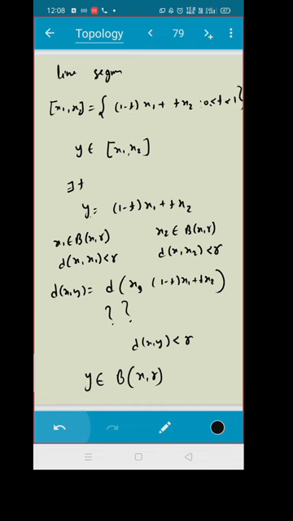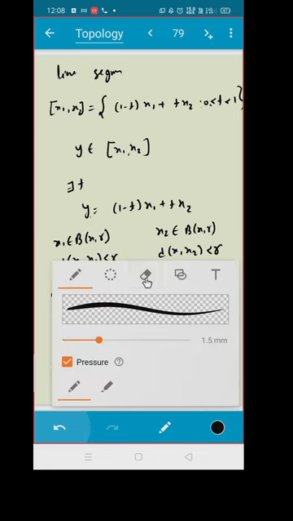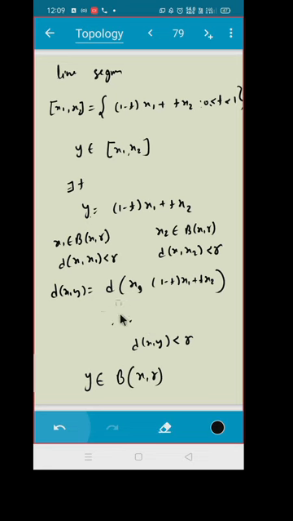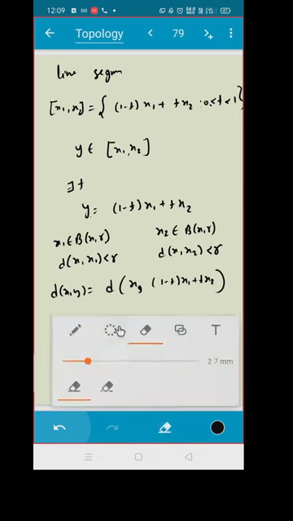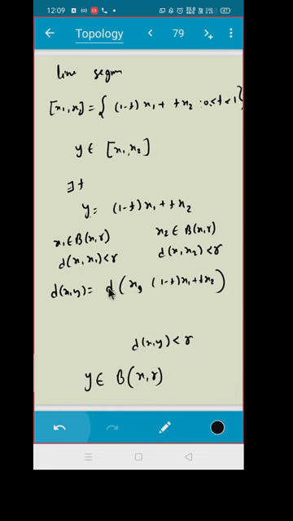So here we have 1 minus t and t, which are less than 1. Now we can use the triangle inequality first and then say that they are less than r. I need only strictly less than r, not 2r, not 3r, not anything.